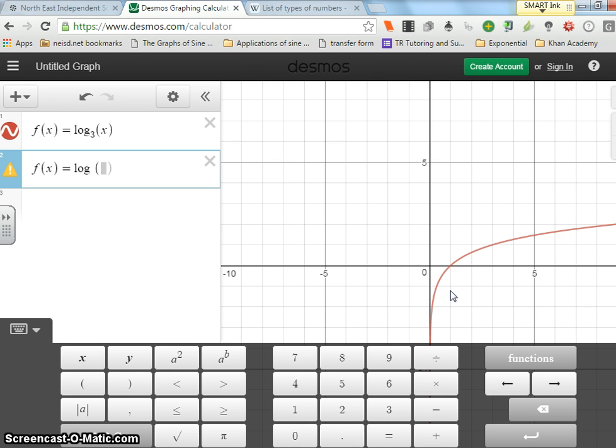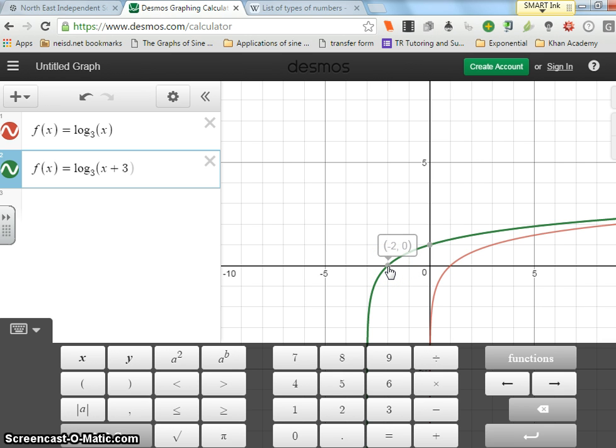That way I can get my base correct. And I want to go to the left. So I'm going to affect x. So plus, I want to go left 3 units. And there you go. Notice that my special point right here, 1, 0 went 1, 2, 3 units to the left.